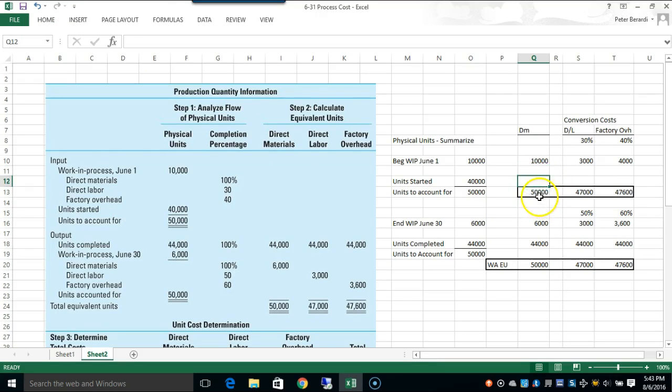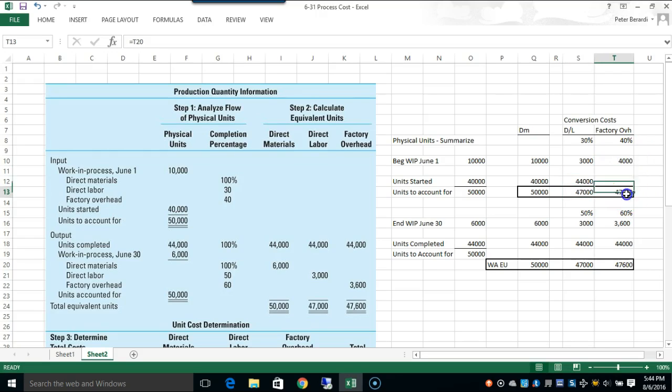To get to 50,000, from 10,000 to 50, your units started are going to be 40,000. To get from 3,000 to 47,000, your units started is going to be 44,000.